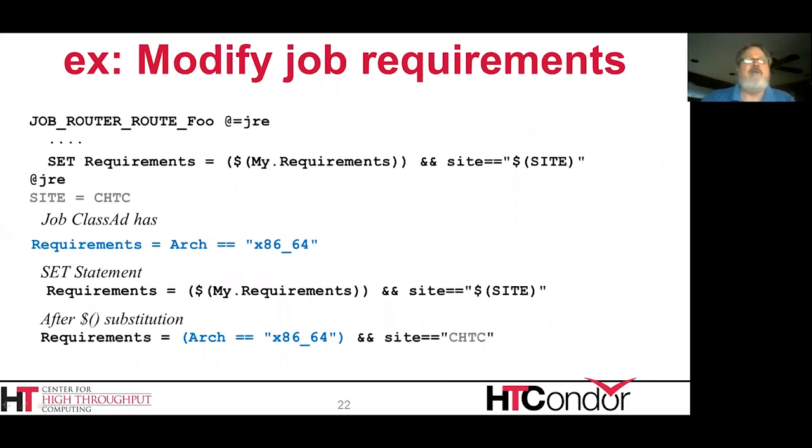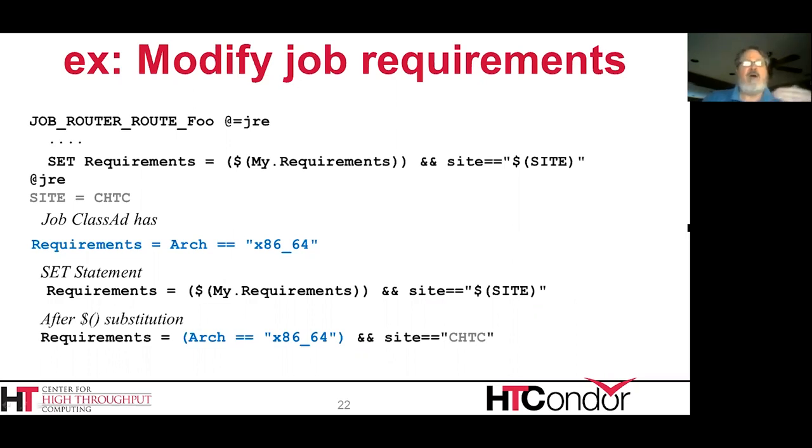We can have a route that does set requirements equals, so dollar my requirements, that will expand to the current value of the job's requirements attribute. And then we're going to tack on another clause after that, and it will be picking up a variable, the variable site from the configuration of the job router itself.